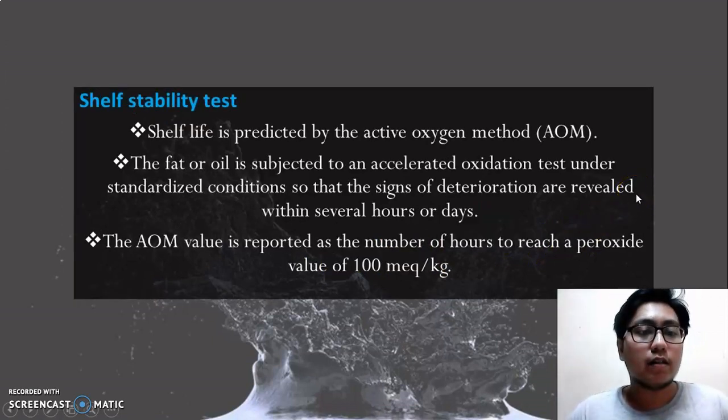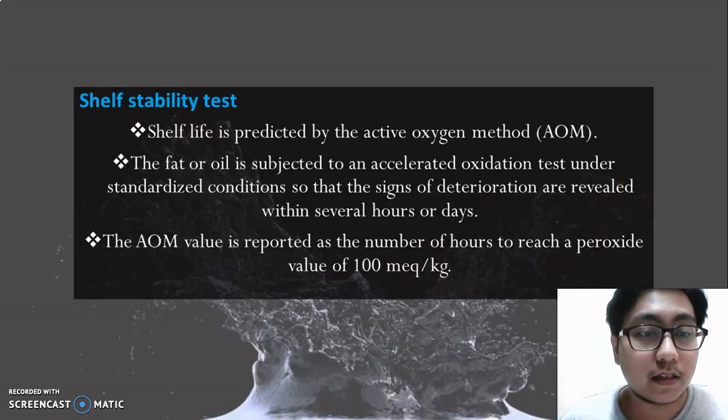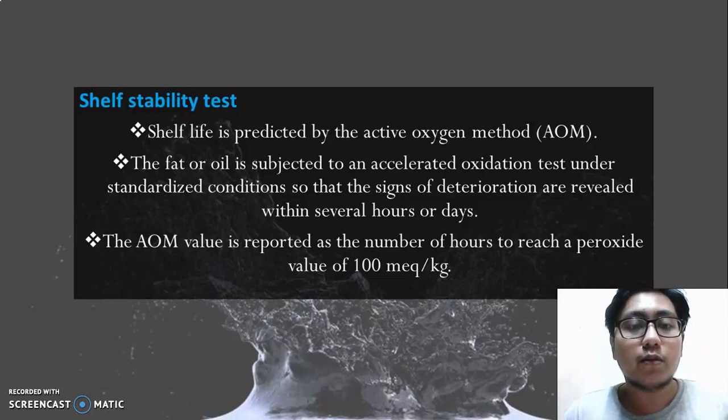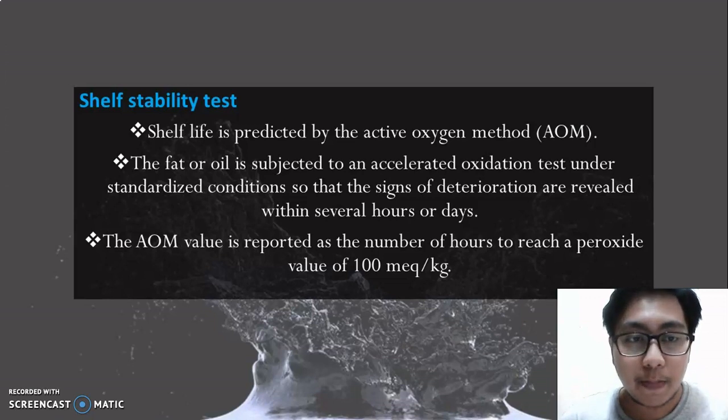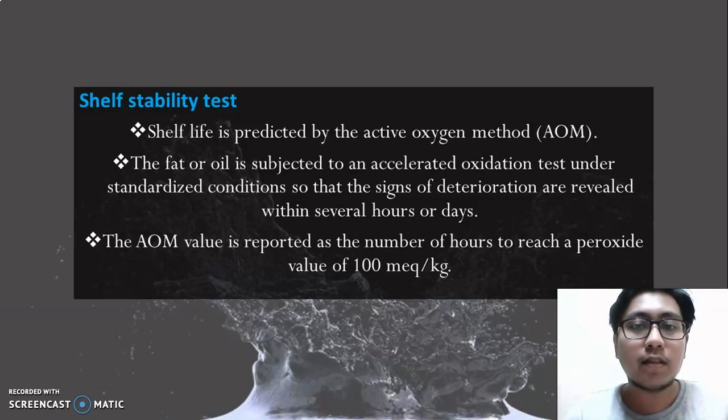Alright, and last but not least, we have the shelf stability test. In this test, we will use the active oxygen method, or AOM. We can use AOM to determine or to predict the shelf life of the fats and oils, or how long the fats and oils can last before becoming rancid or spoiled.